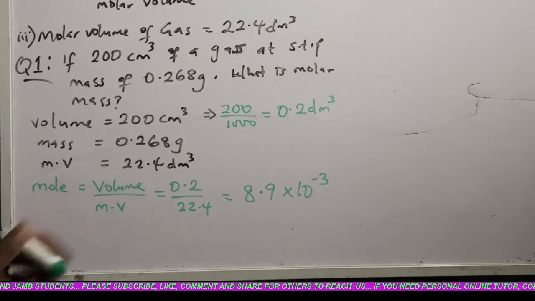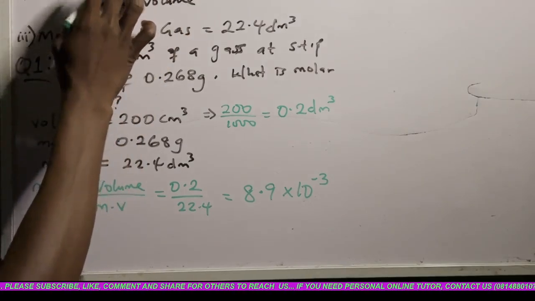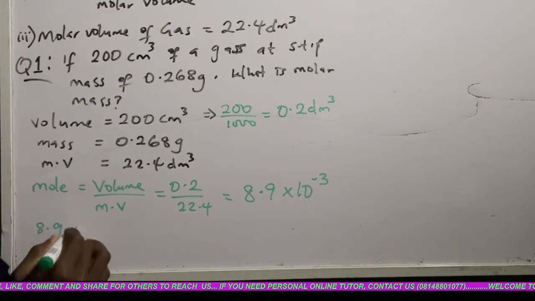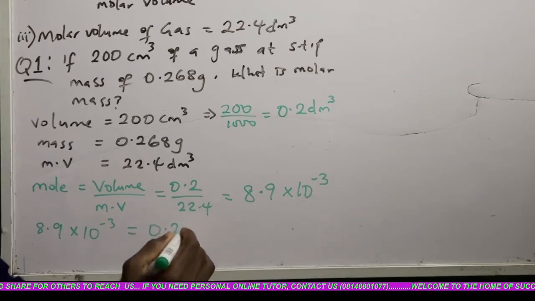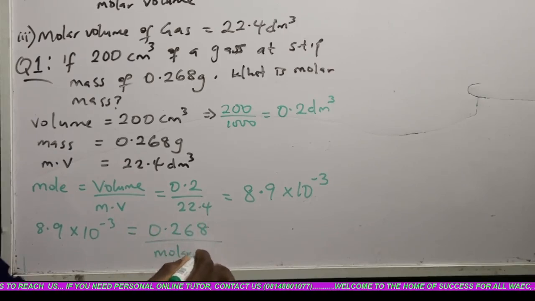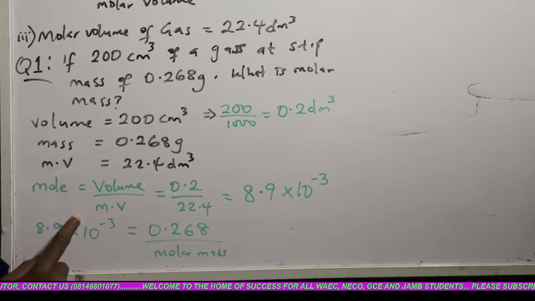So my mole, which I've gotten, 8.9 times 10 raised to power minus 3, is equal to mass, 0.268, over molar mass. How do I progress further on this? I'm going to cross multiply, or I swap their positions. Molar mass comes here, and then this other one goes down.